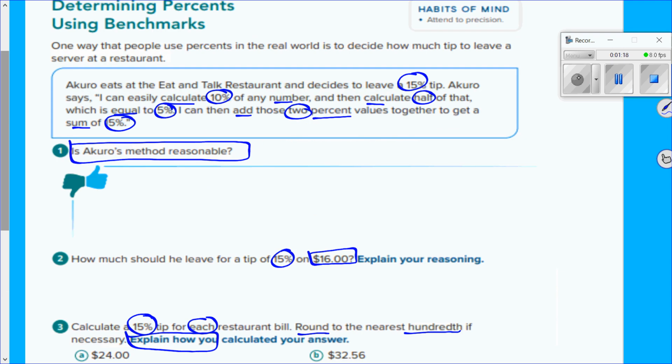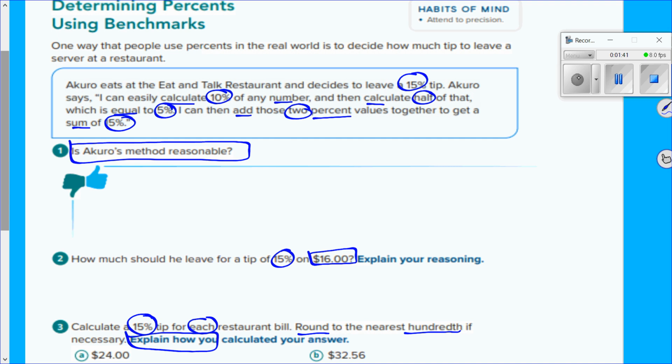Go ahead. All right, guys, let's go over this one and number 2, and then I'm going to give you a few more minutes on number 3 because I see a lot of people struggling. So, Akuro eats at the Eat and Talk restaurant and decides to leave a 15% tip. He says, I could easily calculate 10% of any number and then calculate half of that, which is equal to 5%.